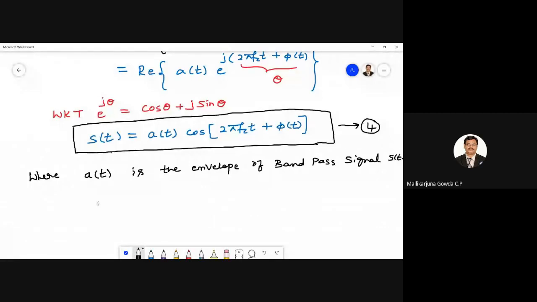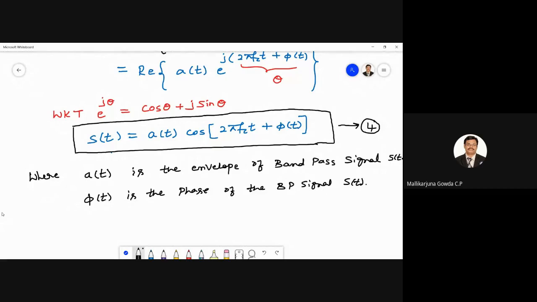And similarly, φ(t) is the phase of the bandpass signal. Just write in short, bandpass signal.